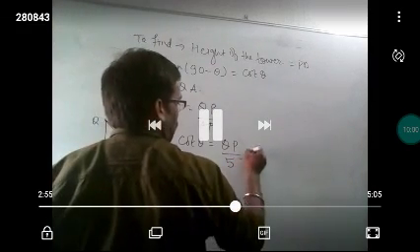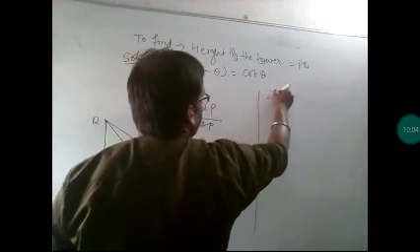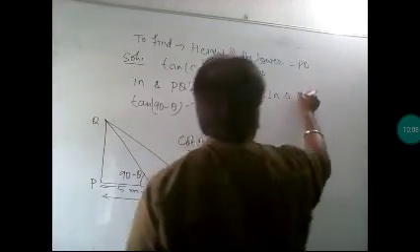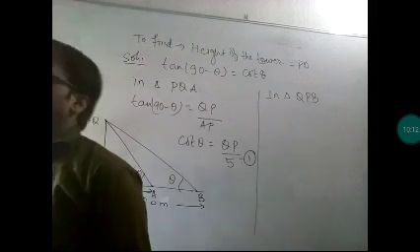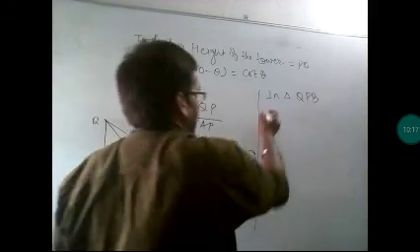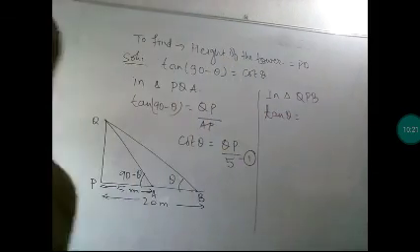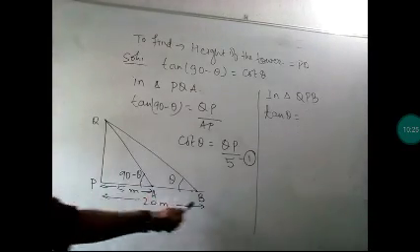So now cot theta is equal to QP by 5, and this is our first equation. Now we will go to the second triangle, that is triangle QPB. Same thing, we will take tan theta, for which the perpendicular is the same, QP.